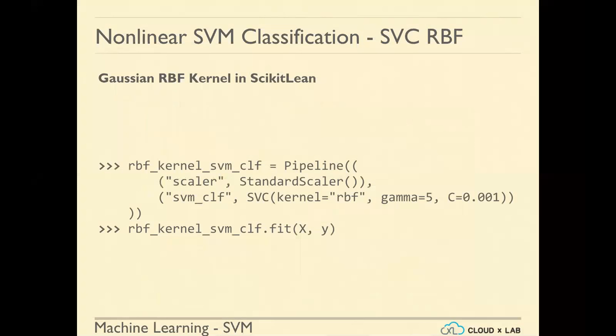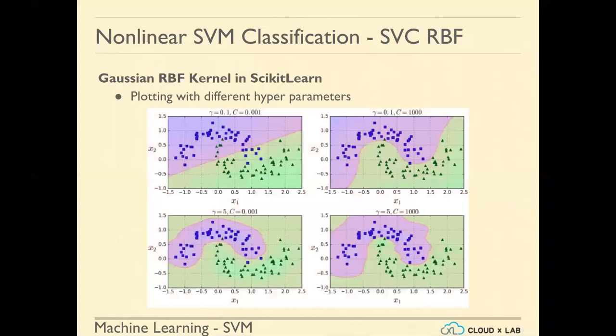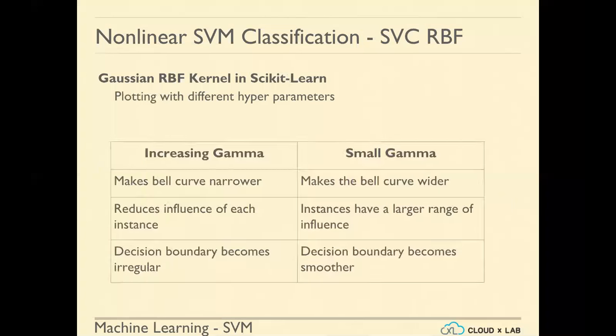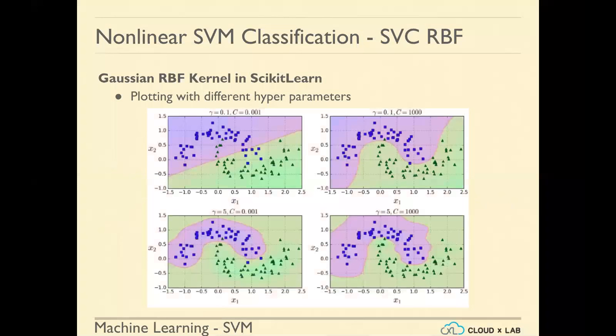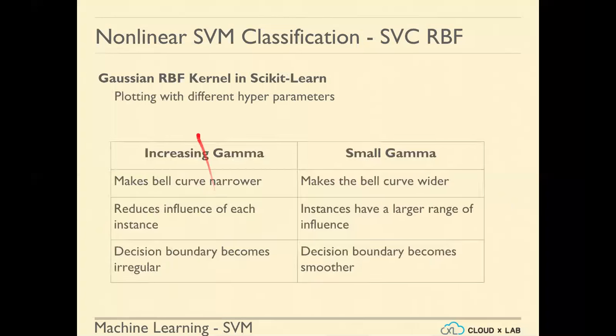So this is an RBF kernel trick, which makes it really, really faster with so many similarity features. Now, there are a few more things you need to take a look at. When we increase gamma, it makes the bell curve narrower.